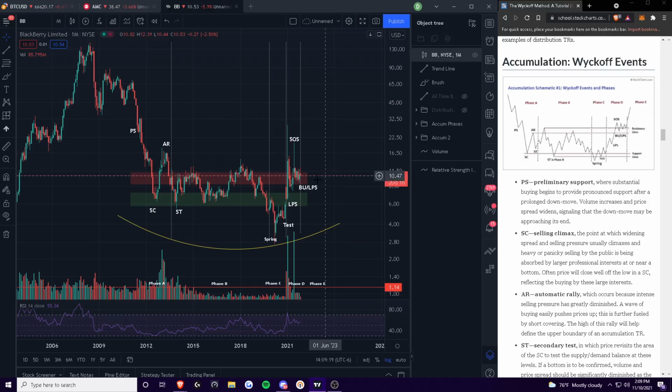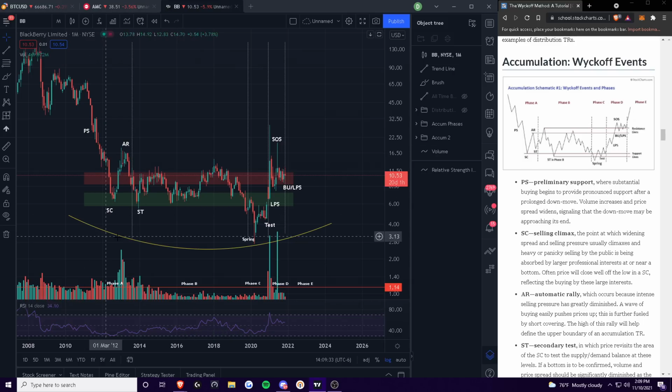But you have to realize that retail, like normal people that aren't institutions, don't care about a stock that is now 95% down over the course of 4 years. They don't care. But that works to institutions' advantage. And what they do with that lack of care is begin to accumulate.